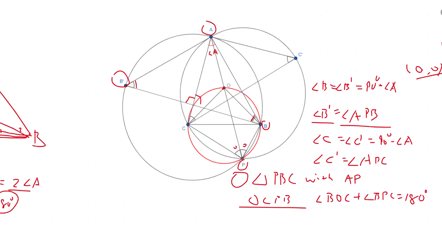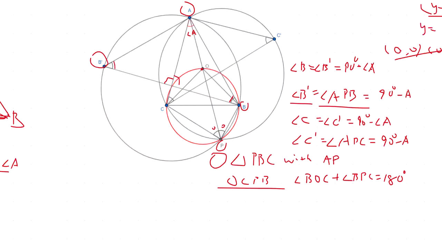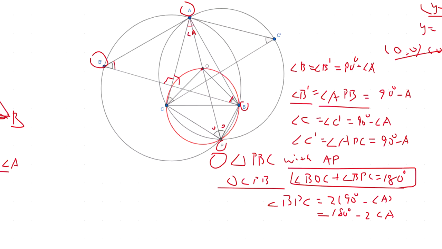So angle BOC plus angle BPC is 180 degrees. And we know that APB is 90 degrees minus A, and APC is also 90 degrees minus A. That means angle BPC is twice 90 degrees minus angle A, which is 180 degrees minus 2 times A. Combined with the concyclic condition, we conclude that angle BOC equals 2 times angle A. So that is the first condition.